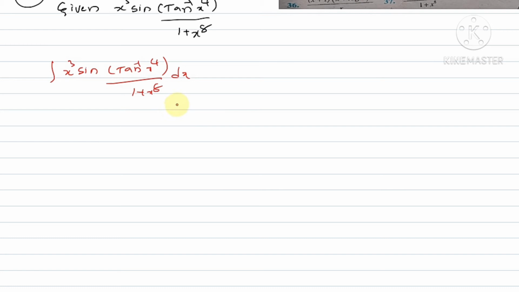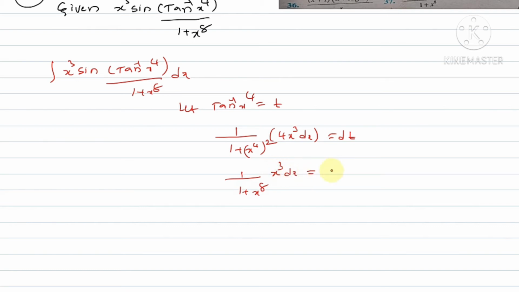My substitution: let tan inverse x power 4 equal to t. The derivative is 1 by 1 plus x power 4 whole square, again the derivative of x power 4 is 4x cube into dx equal to dt. Which implies 1 by 1 plus x power 8 x cube dx is equal to dt by 4. Clear?